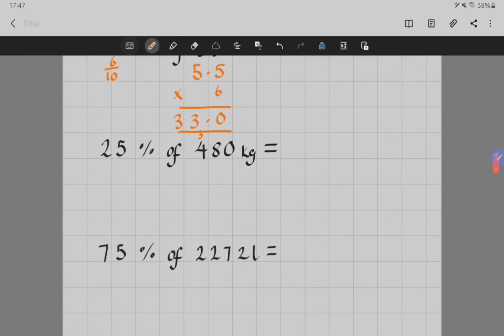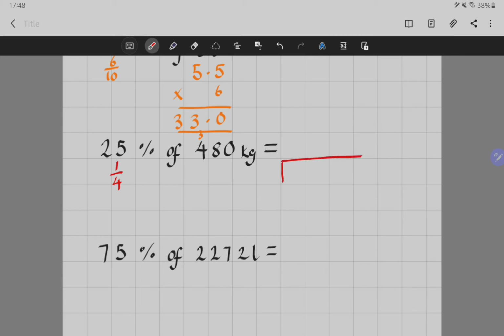I've got 2 more for you to try. So have a look at these 2, pause the video and give those a go. How did you find these ones then? So 25%, this is one of the ones I said it was important to recognise and know off by heart. So 25% I know is 1/4. So that tells me I just need to do one step.